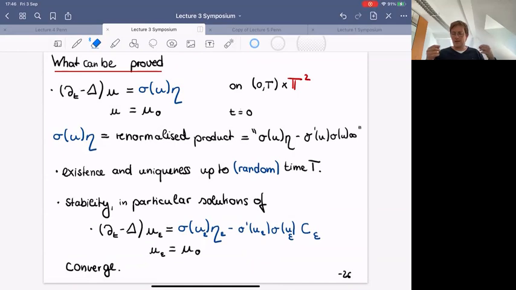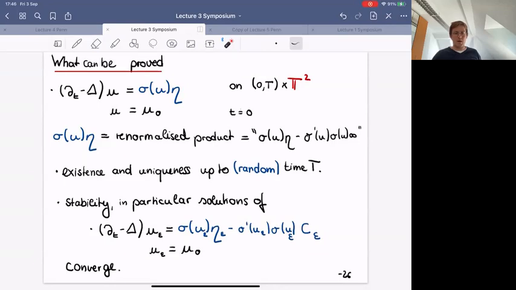What you can now get with this machinery, I have now told you how you can even interpret this thing, with this infinite product. What can now be achieved with this method, and that was actually the main result in Hairer's original paper on regularity structures, is that he used this idea, these model distributions, to prove existence and uniqueness up to some small random time T. And you also get stability of the solutions in the data.